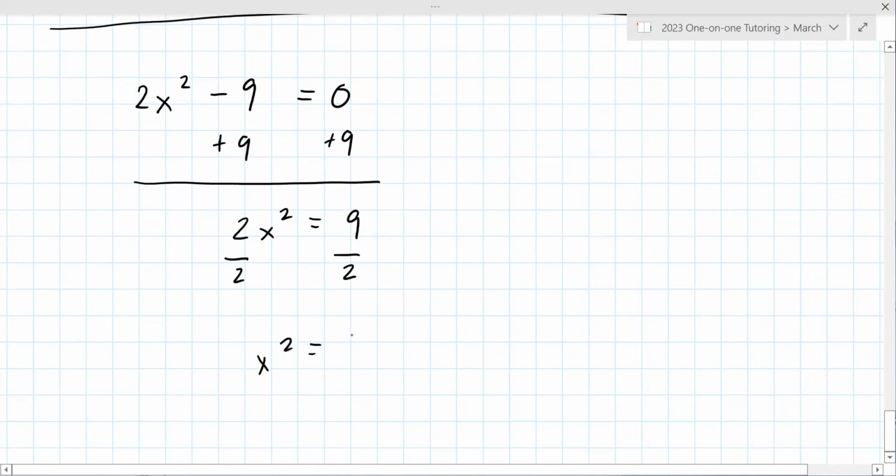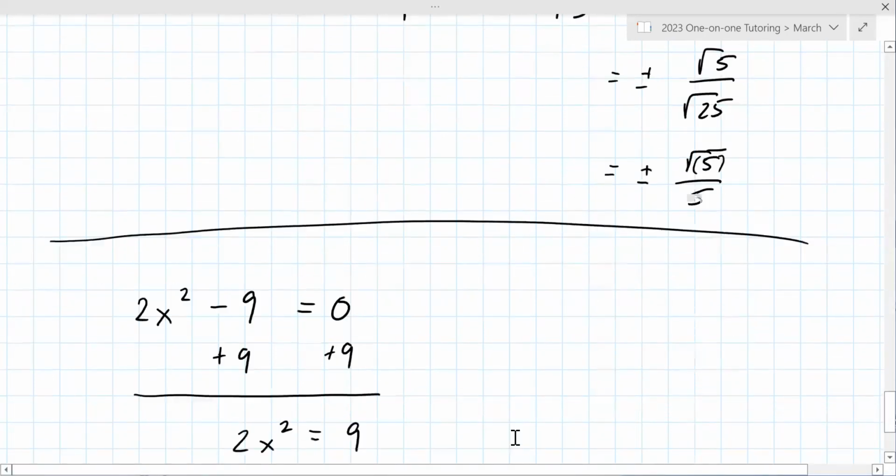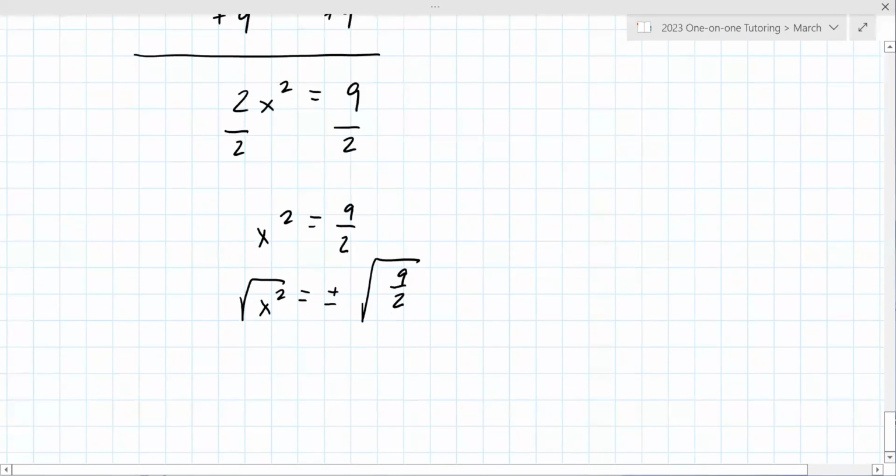So x squared equals 9 over 2. And from here, you're going to take a square root of both sides. So it's plus or minus square root of 9 over 2. Now, just like in the last problem, do you see how we split it apart? Square root of the top number, square root of the bottom number. That's what we have to do next. Plus or minus the square root of 9 over the square root of 2. So that's plus or minus 3 over square root of 2.